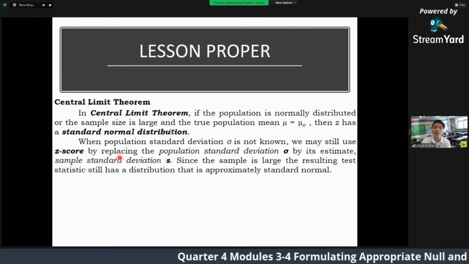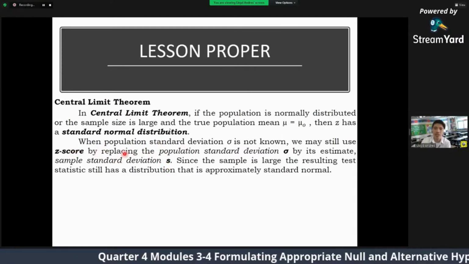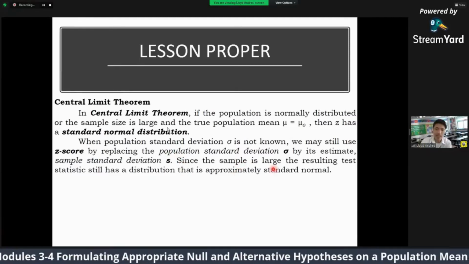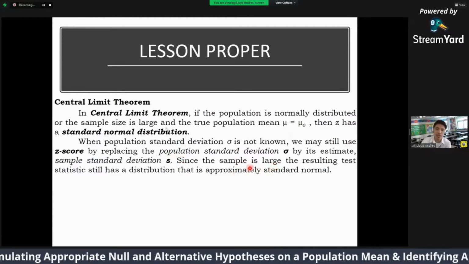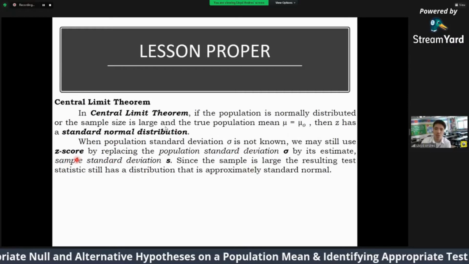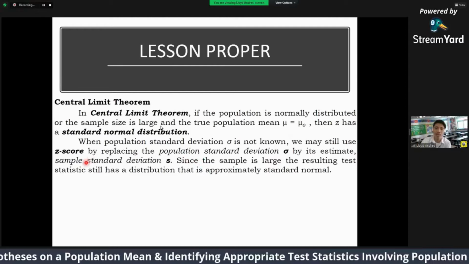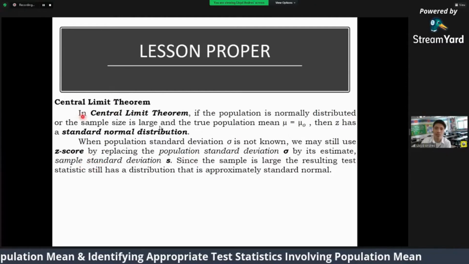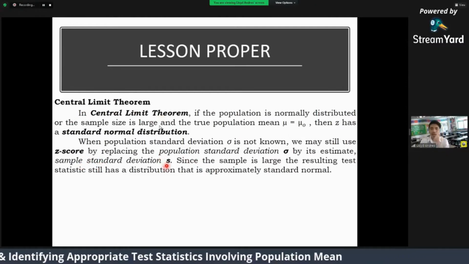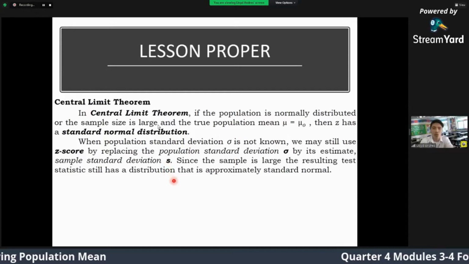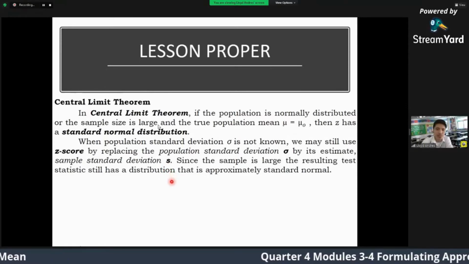What if unknown si population standard deviation, but your sample size is greater than or equal to 30, you can still use z-score. And again, ang theorem nga gibasihan ana is the central limit theorem, because kung large ang sample size, then our distribution tends to be normal distribution.